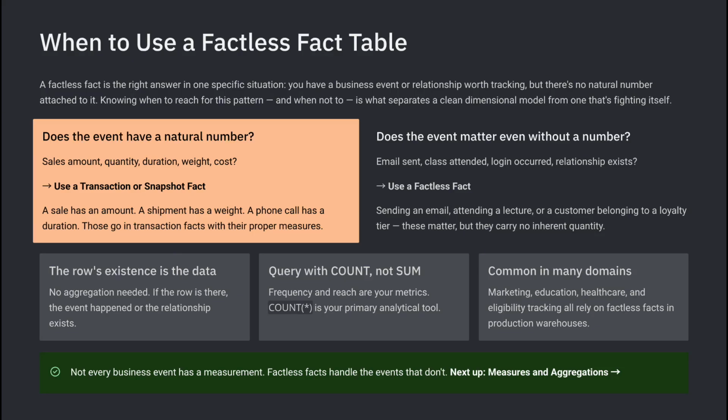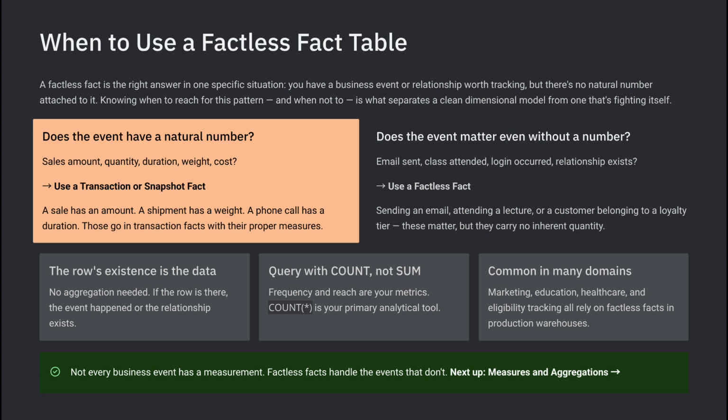So, when do you reach for a factless fact table instead of a transaction or snapshot fact? The decision is simpler than you might think. Look at the slide. The first question on the left: does the event have a natural number? Sales amount, quantity, duration, weight, cost. If yes, you don't need a factless fact.